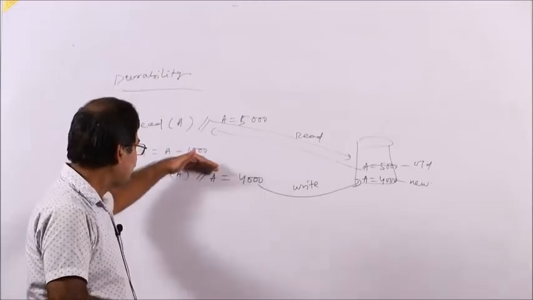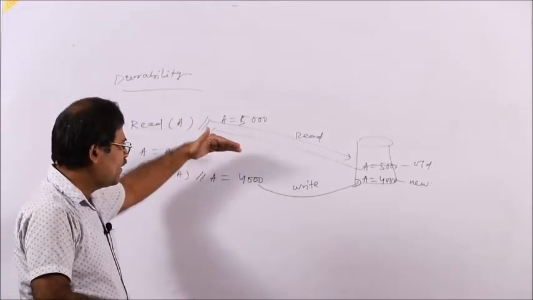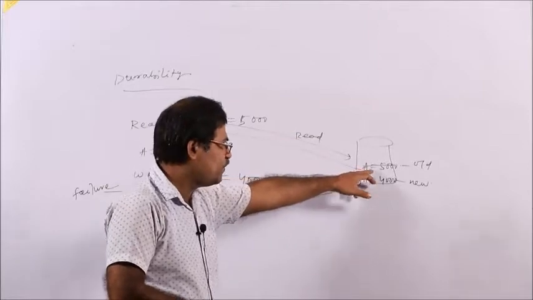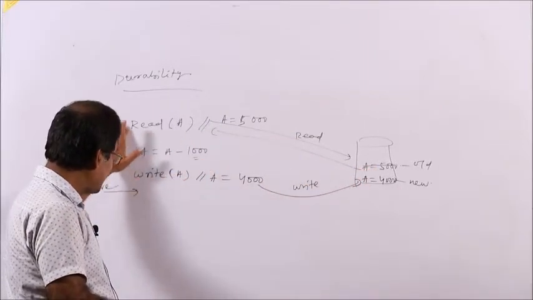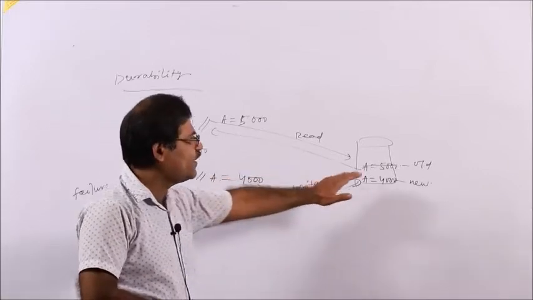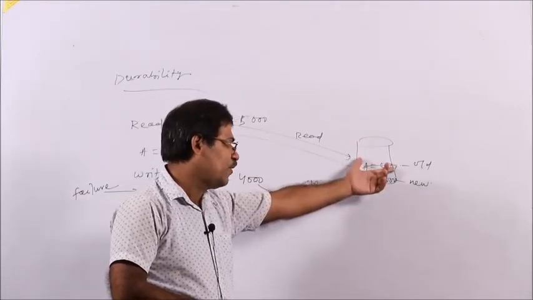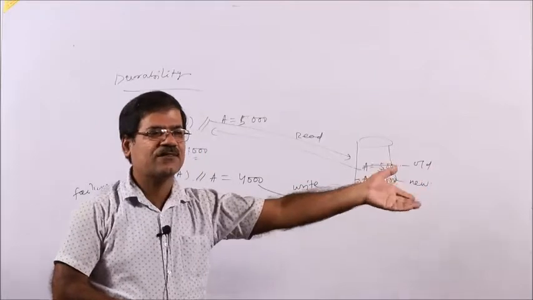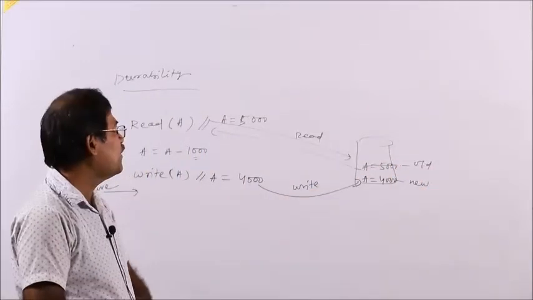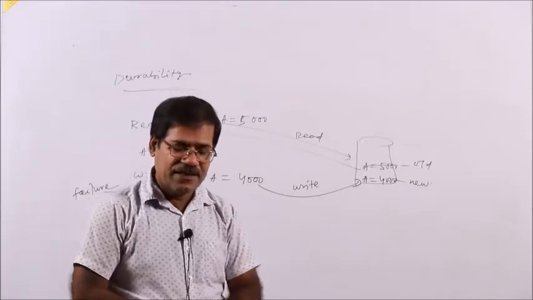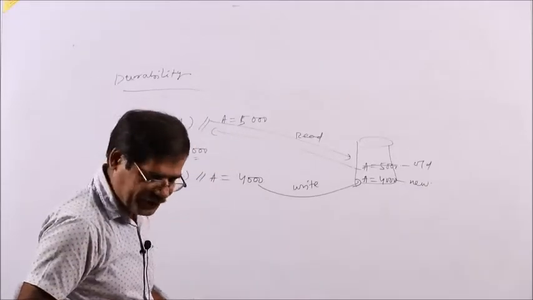But before the end of the transaction, if any failure occurs, we get the old value. If after the write operation any failure occurs, the transaction is already over, and the updated value is already written in the database. The old value is 5,000, the new value 4,000 is already written in the database. So that is the difference between the first property, atomicity, and durability.